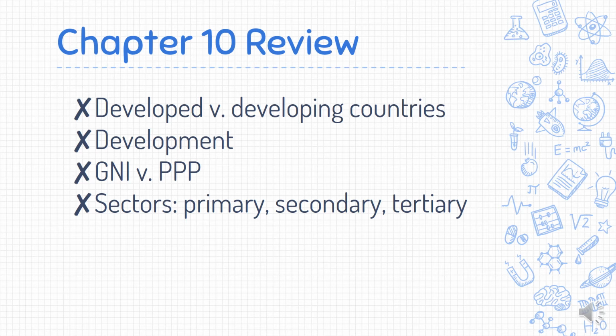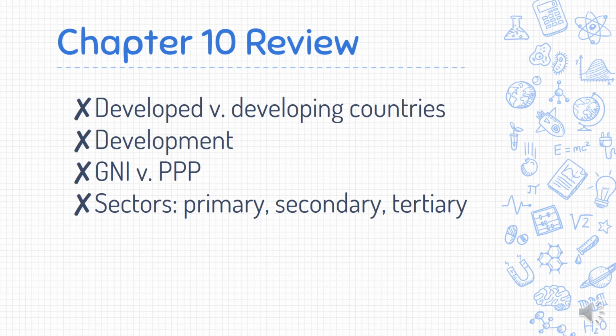This could be mining, if someone works in a coal mine, this could be farming. This could be really anything that has to do with getting materials out of the earth. Basically that's going to be mining and farming, whether they're mining for coal or for granite or whatever, that would be what makes up the primary sector. And typically in less developed countries, LDCs, you'll see a whole lot more people working in the primary sector.